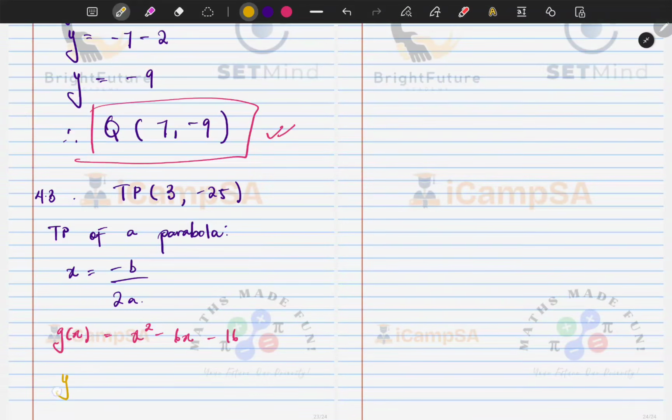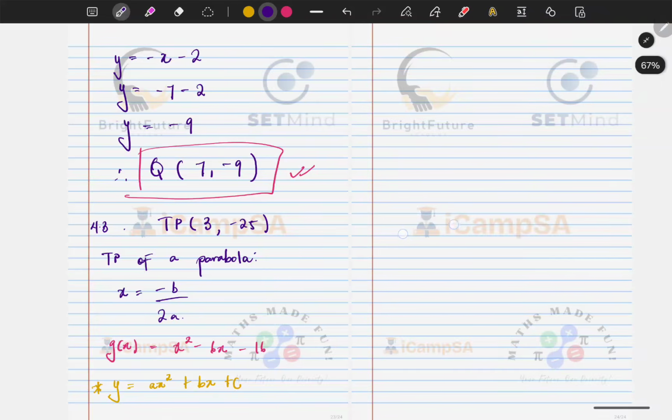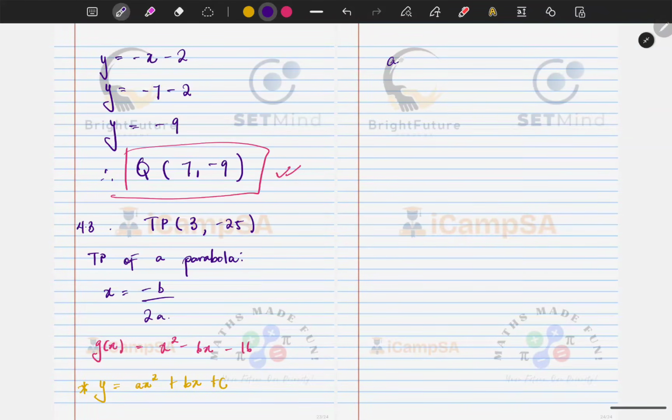The standard equation for a parabola is ax squared plus bx plus c, so our a is equal to 1 and our b is equal to negative 6.